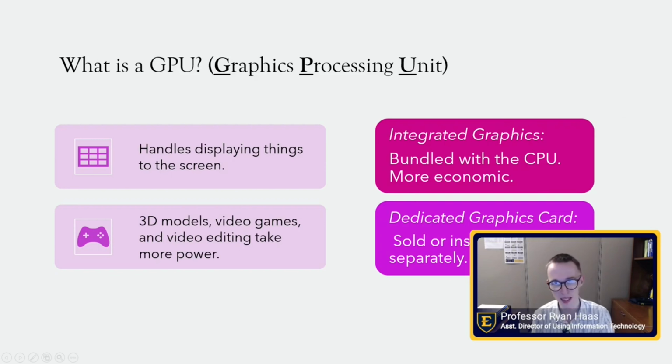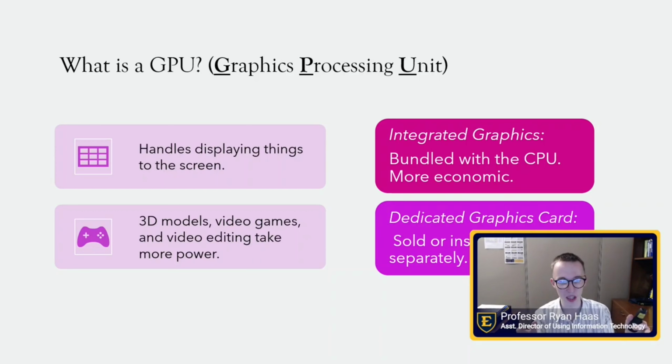So, what is a graphics processing unit? Well, this is a special piece of hardware that's designed just to handle intense graphical operations. So your computer by default already has the ability to paint graphics on the screen. That is to show you your desktop with your pretty wallpapers and all your icons and your apps and your menus.